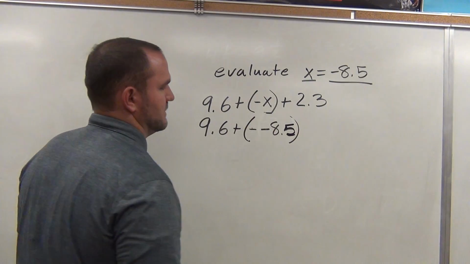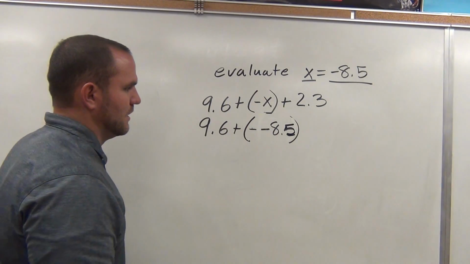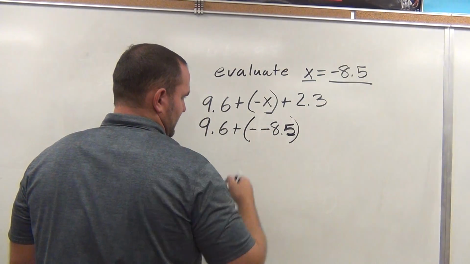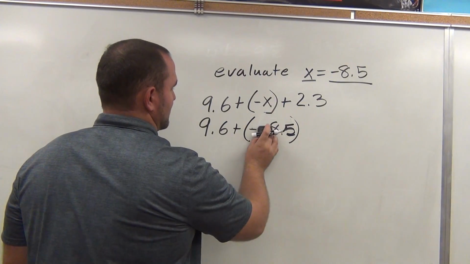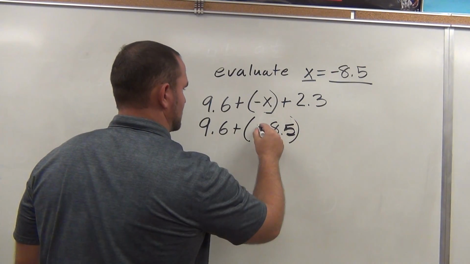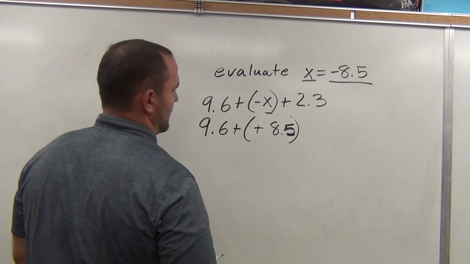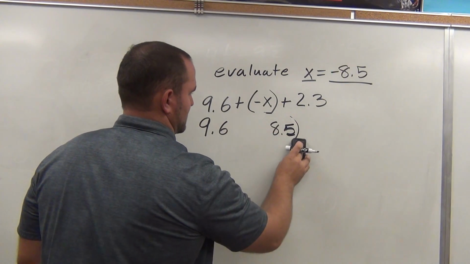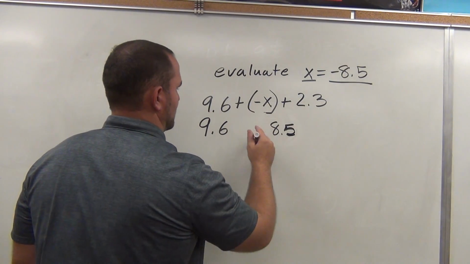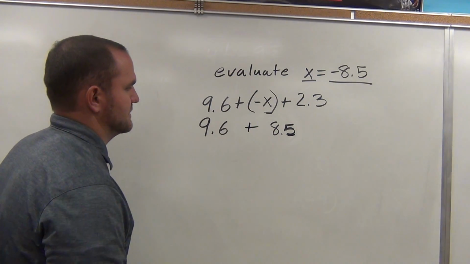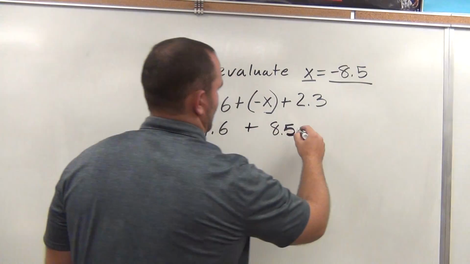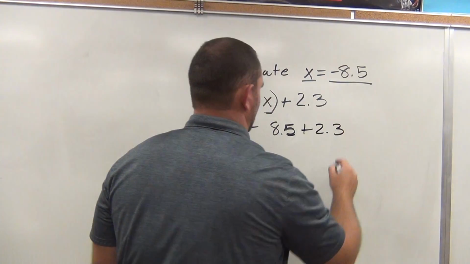Put parentheses around the things that you are plugging in. For this one, it's a negative and negative, so it's actually a positive. And I can change this up just a little bit, because now it's a positive, I don't need the parentheses, and so it's now a positive 8.5 plus 2.3.